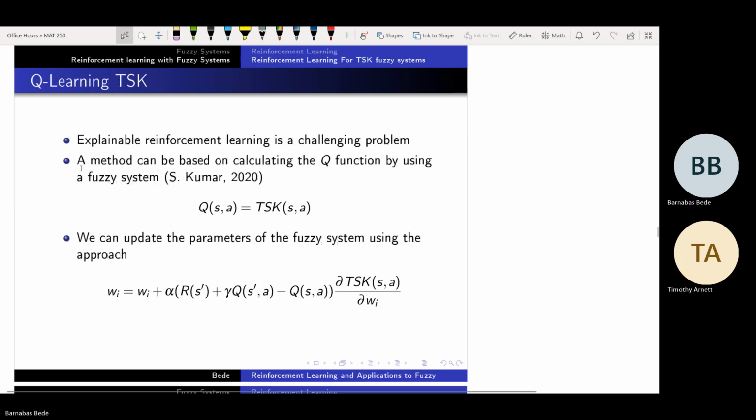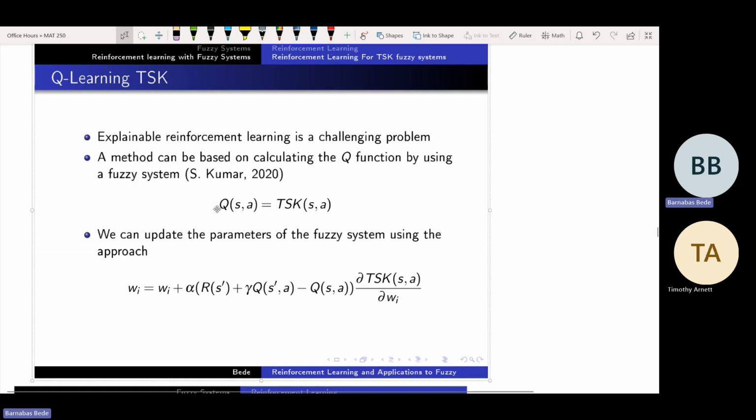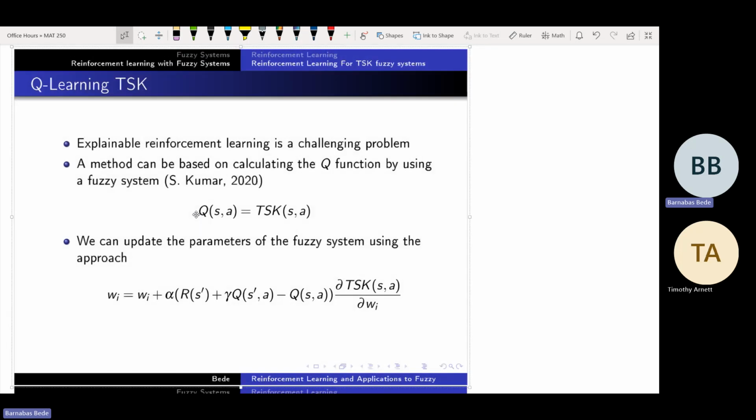So the idea is, deep Q-learning had the following idea: we approximate the Q function with a neural network. In the fuzzy case, Takagi-Sugeno-Kang systems work very much like a neural network.